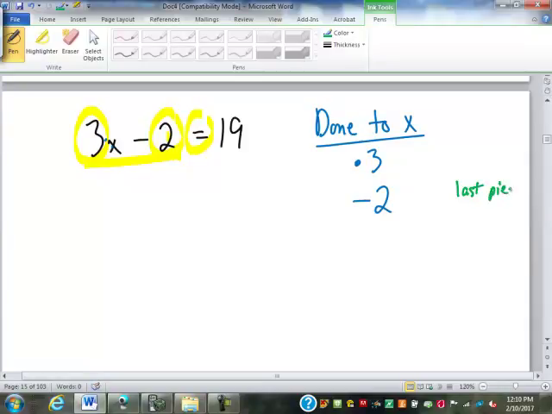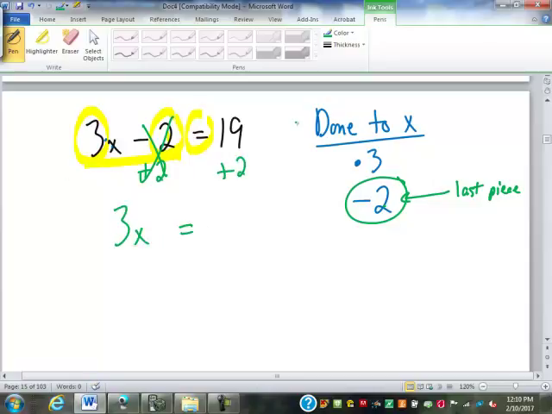The last piece you put on, right? Same with an equation. The last piece that was put on here to build it was subtracting 2. That's the first piece we're going to take off. So we're going to remove that minus 2 by doing what? Adding 2. So that minus 2 is gone, leaves us with just 3x.